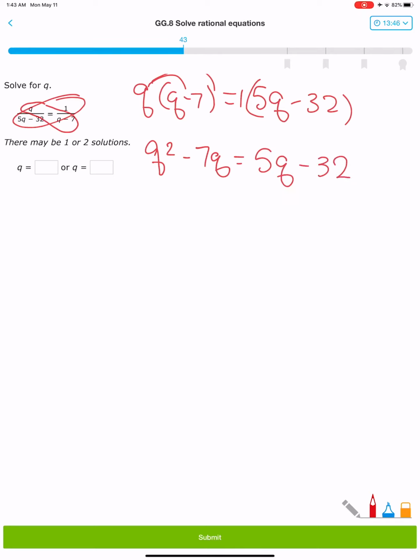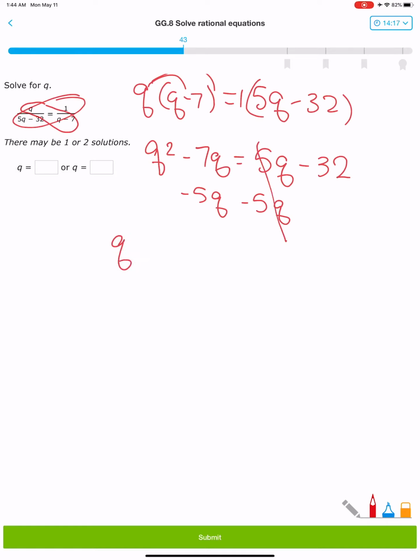Okay? And we're going to solve by factoring again. So we're going to set everything equal to 0. We're going to subtract 5q on both sides. Oh, that's a weird q. I'm going to rewrite that. Subtract 5q. Ooh, my q's are coming out weird today. Minus 5q minus 5q. These cancel out.